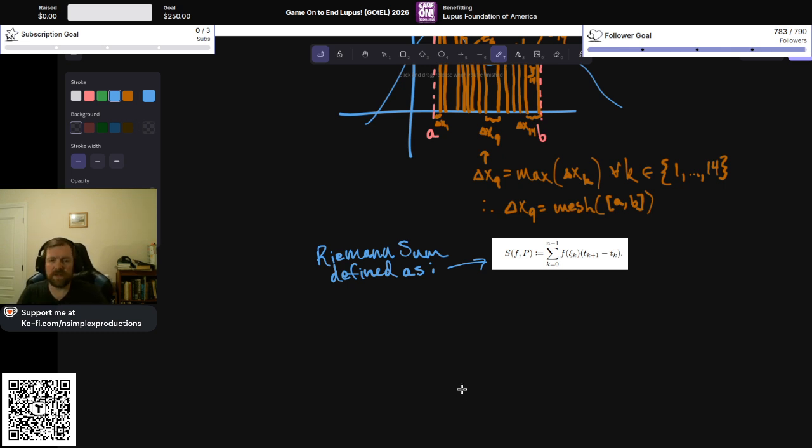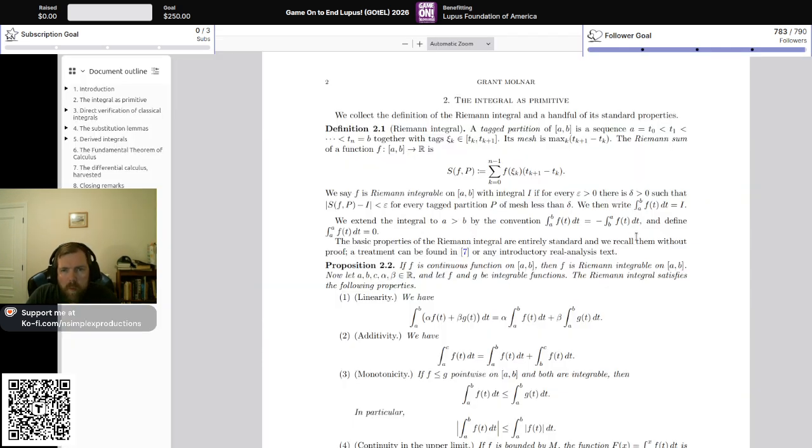Right, so the Riemann sum is defined as this thing. The sum is just going to be called capital S, which uses the function f, and what's P? P is the set of tagged partitions of mesh less than some delta. Oh, hang on.